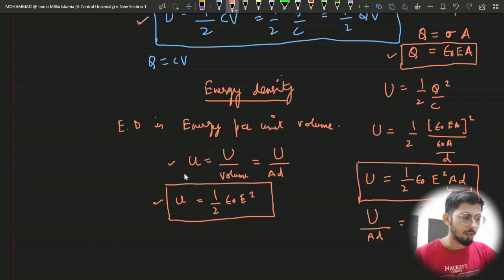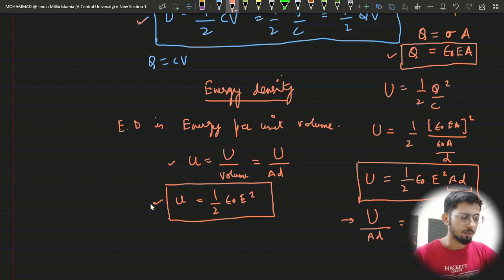You were required to calculate this U by volume for a capacitor, and that we have done on the right hand side, and then replace U by Ad by this expression, because U by Ad is energy per unit volume.